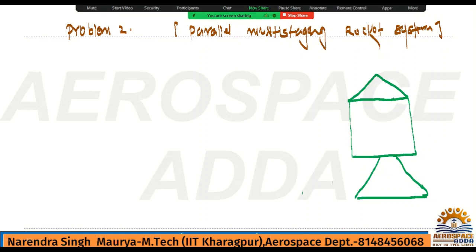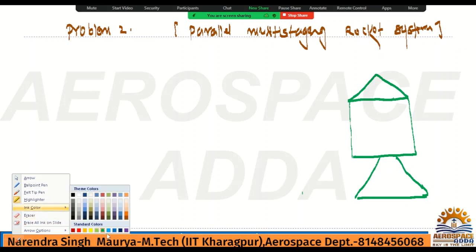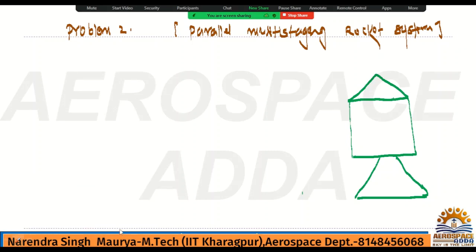This booster will come alongside, this is one booster, and the other booster will come on this side.